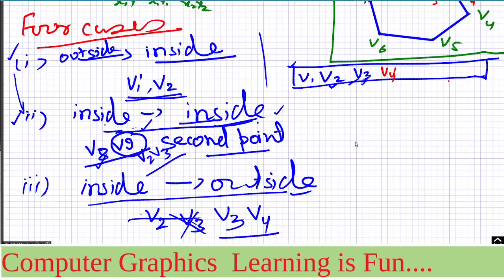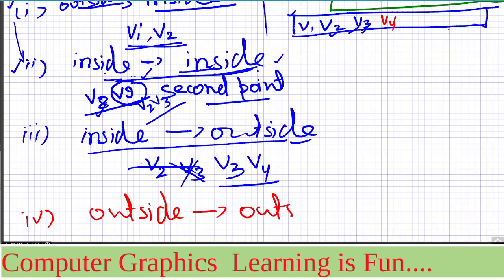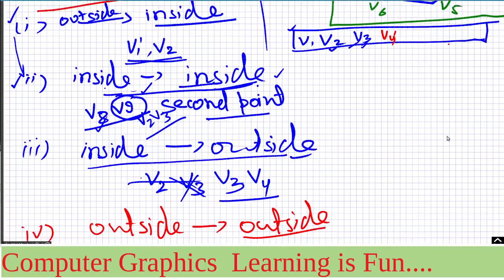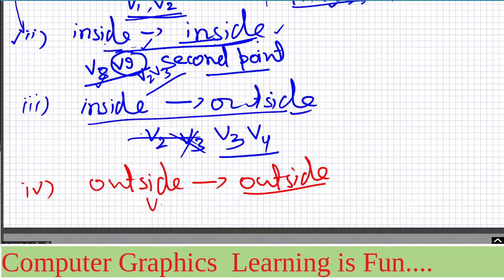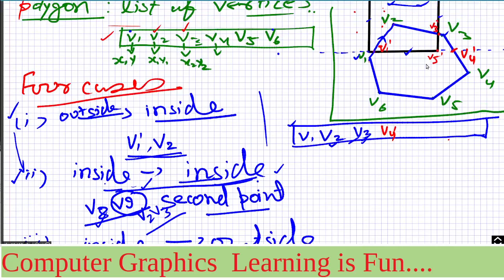Now the other case will be outside to outside. Like the other nodes, you see V4 V5. This line is totally outside of the current window boundary, which is the bottom.